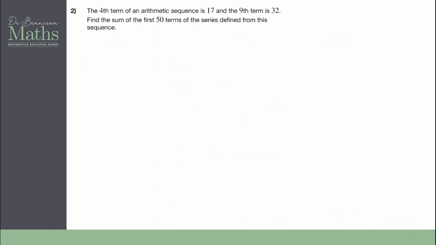Example 2 then. So the fourth term of an arithmetic sequence is 17 and the ninth term is 32. Well, let's use that information first of all. Using our nth term formula, u4 is 17, but u4 is a plus 3d. u9 then is 32, but using the nth term formula, that's a plus 8d.